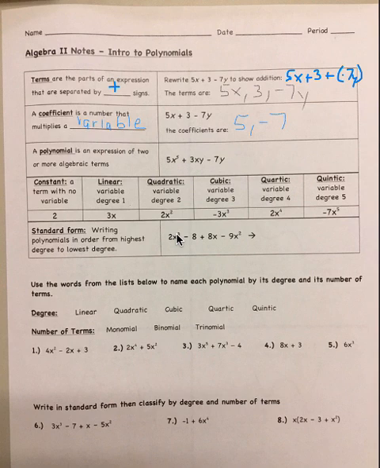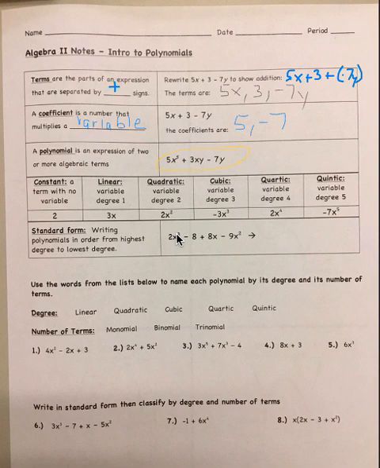The 3 does not have a variable, so it's not a coefficient. And a polynomial is an expression of two or more algebraic terms. So 5x to the fifth plus 3xy minus 7y is just an example of a polynomial.